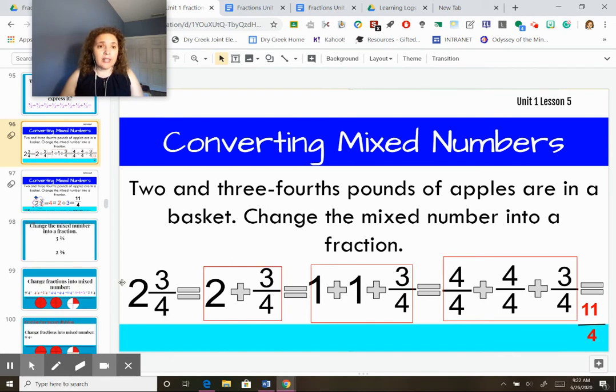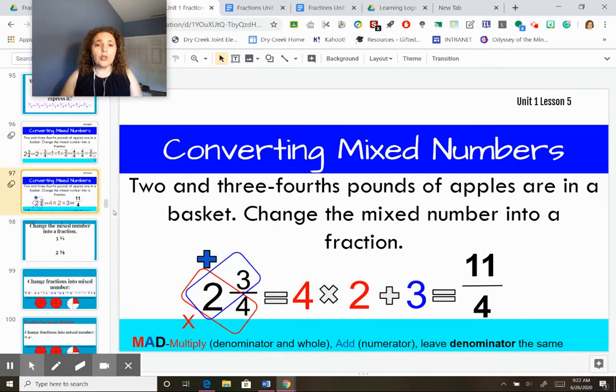And as you're going to find out, I always have shortcuts, okay? That's one way. This is the way I like doing it. So I like doing it using this method. I call it MAD. I'm mad about changing, converting mixed numbers into improper fractions.